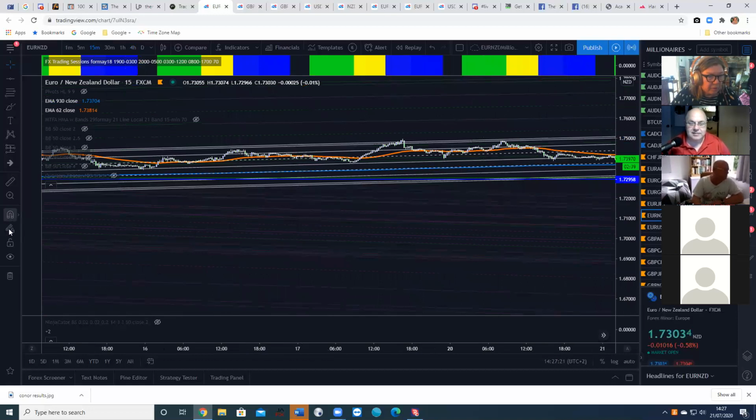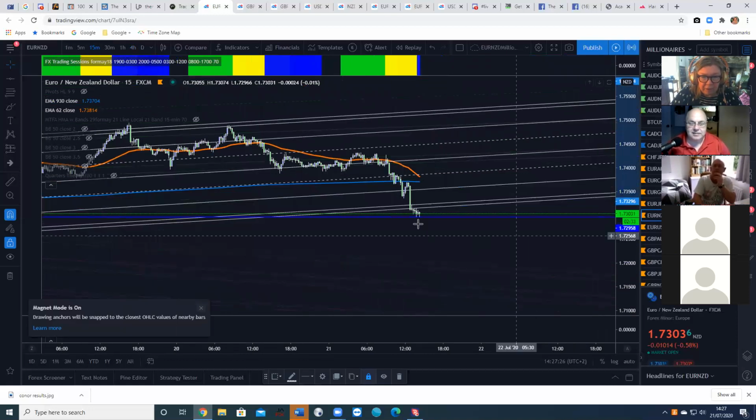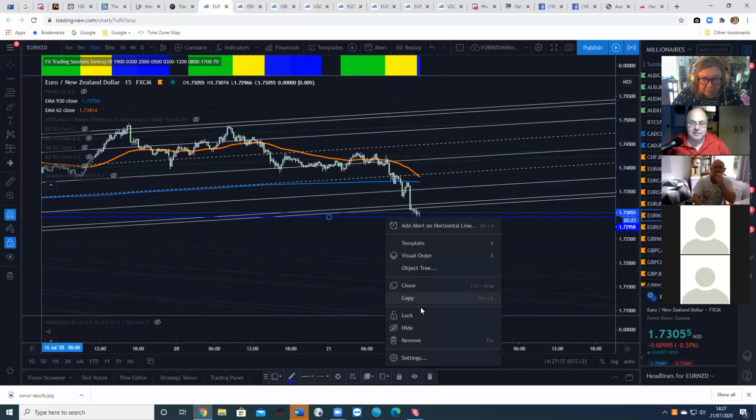To put it back on, I don't want to lose my, I'm sure I've got everything locked on, but just in case. So nothing on that at the moment on EN. Take that line off, I don't need it.